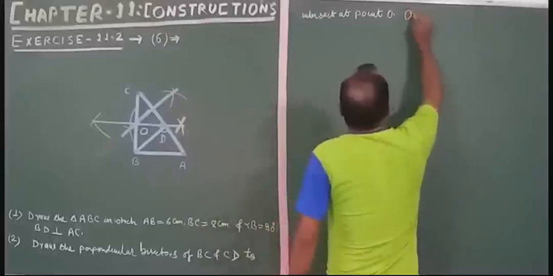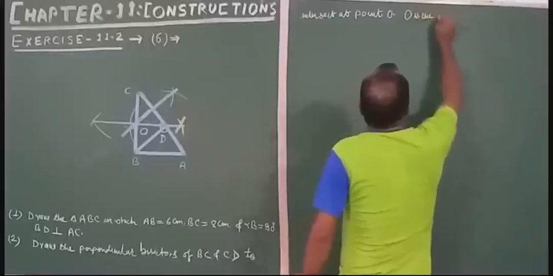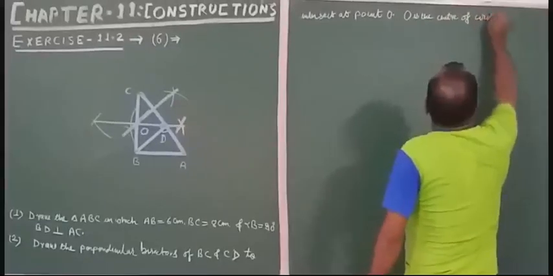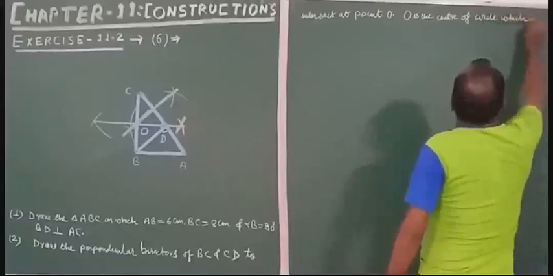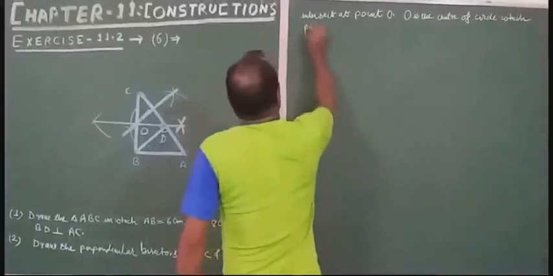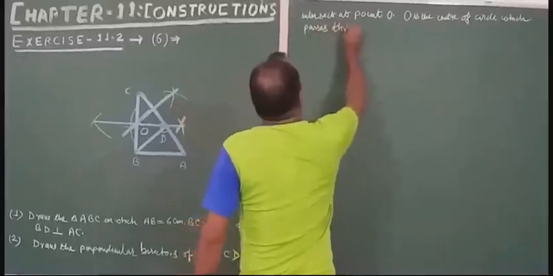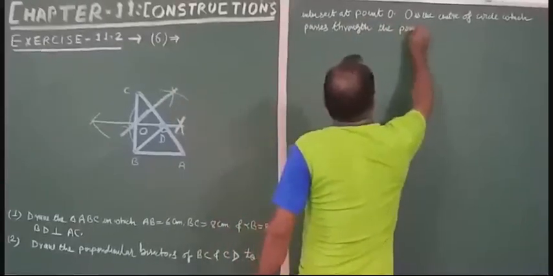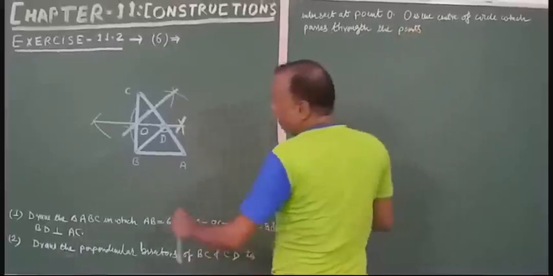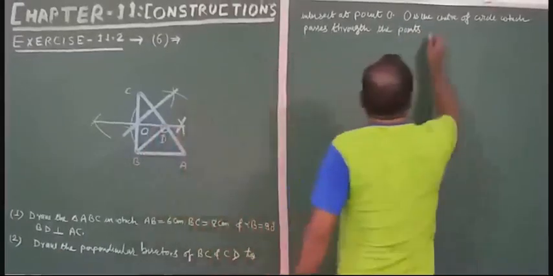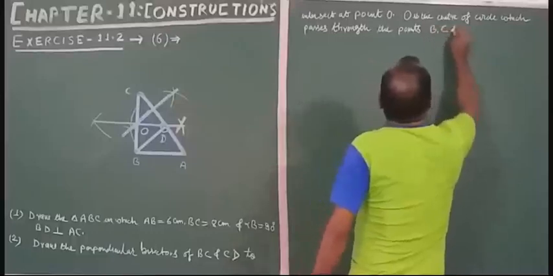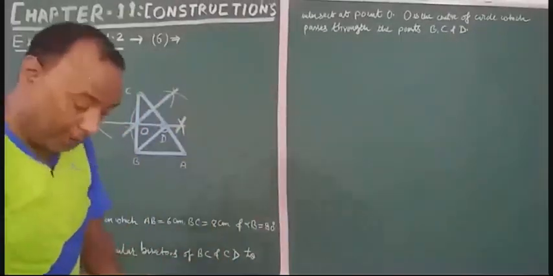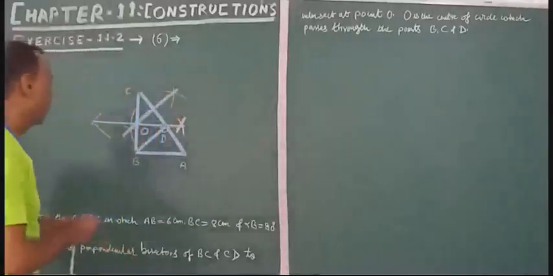O is the center of the circle which passes through the points B, C and D. Then we can draw the circle.